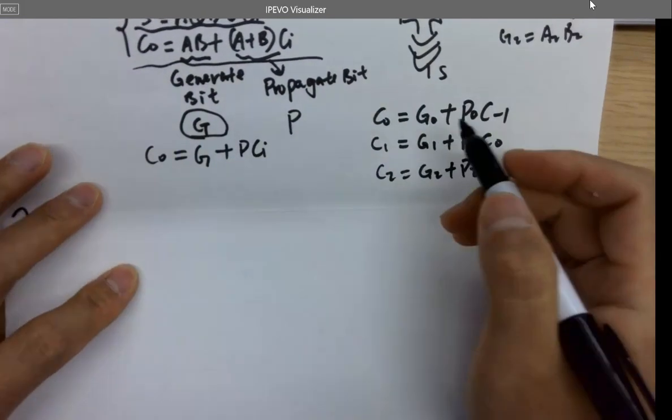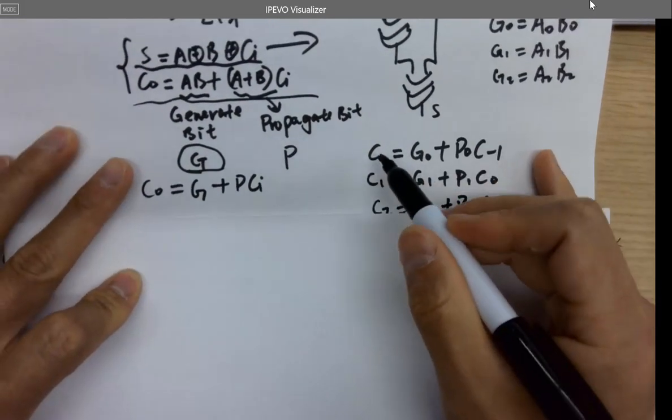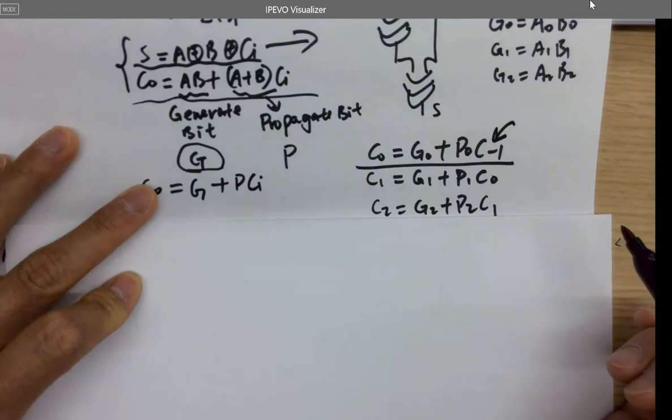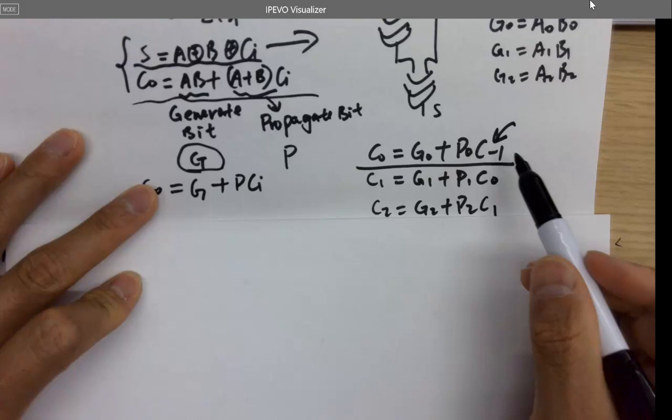C0 we're not changing, because that's the initial carry in for the entire circuit.